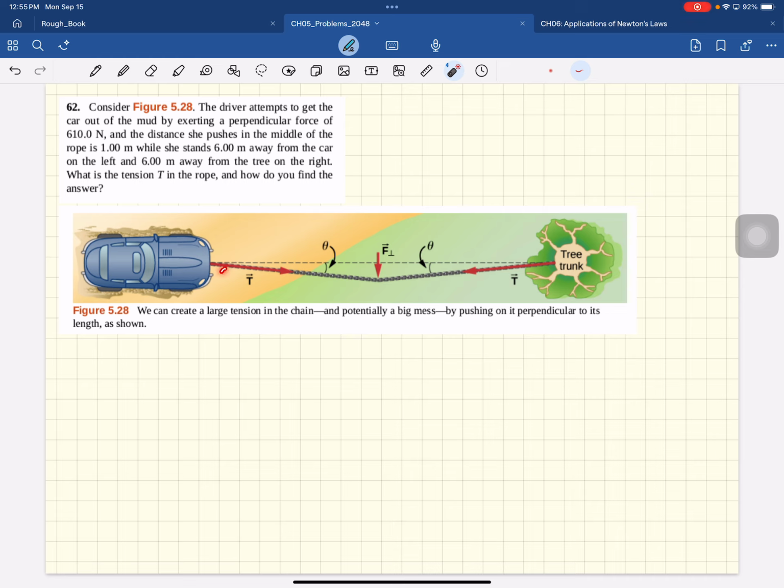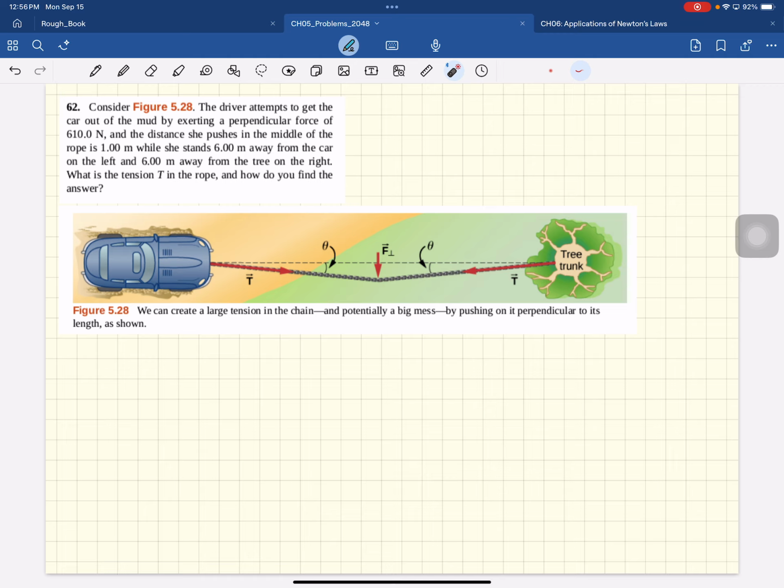What you want to do is take a stiff cable and tie it to a tree or something like that, some immovable object. And then if you want to get it out here, what you want to do is push here. It's counterintuitive.